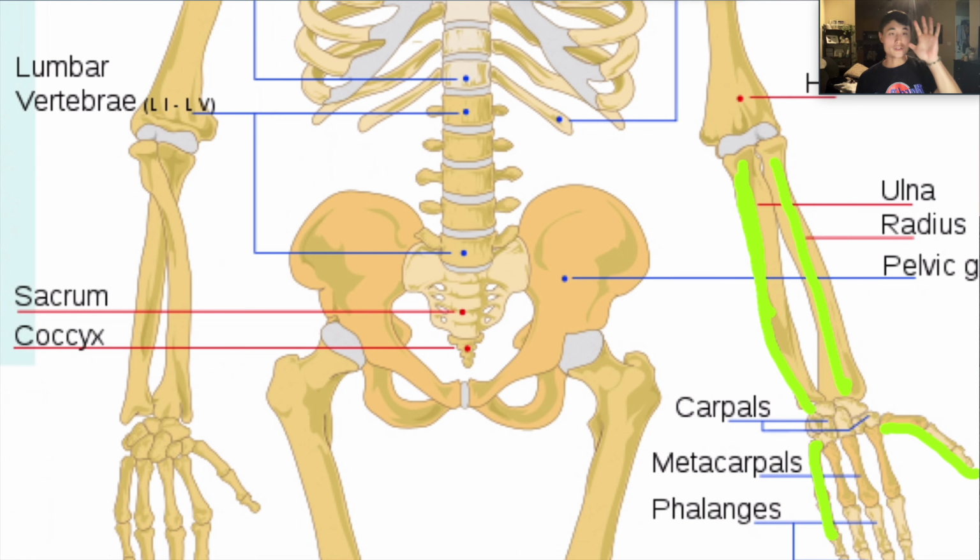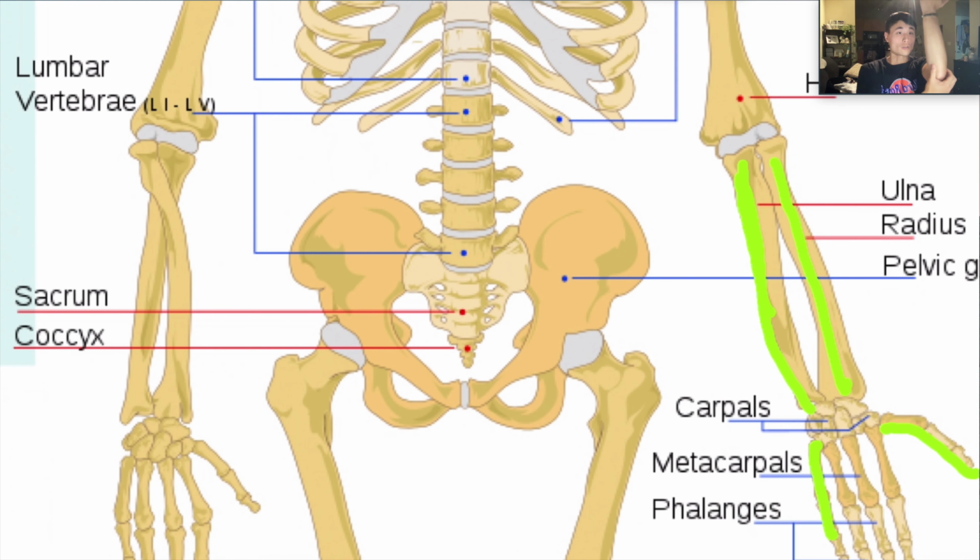So if you look at your hand, what bone is located near the thumb side? It's going to be radius, versus which bone is located on your pinky side is going to be ulna. And those two connect together right here with the humerus to form the elbow joint. It's mostly ulna forming it.